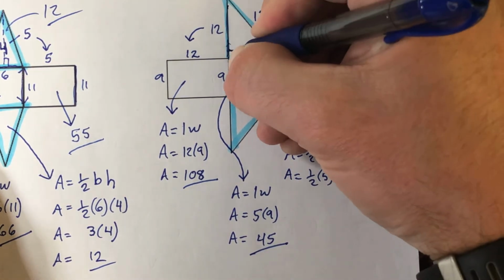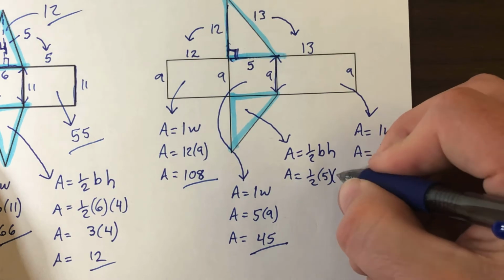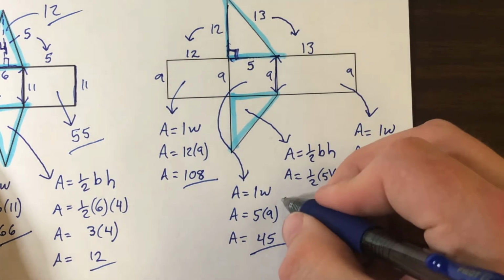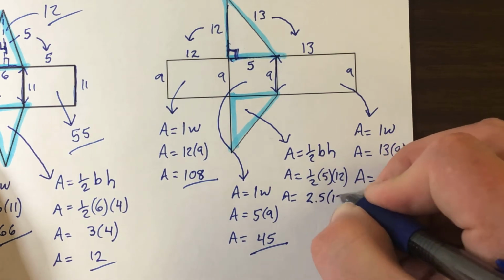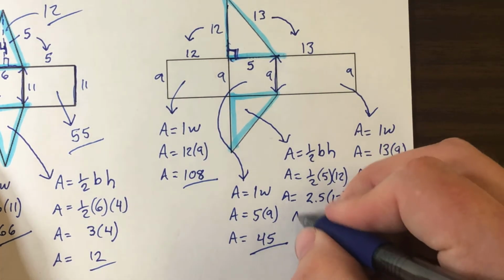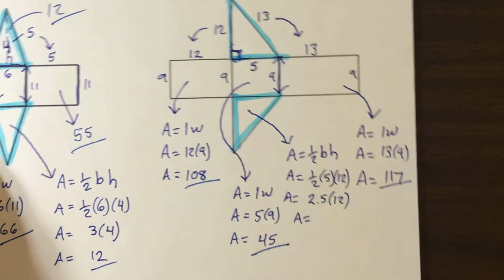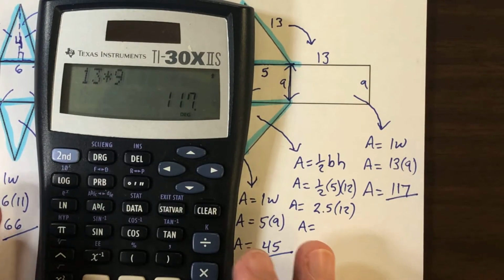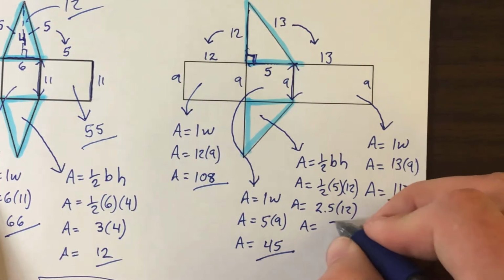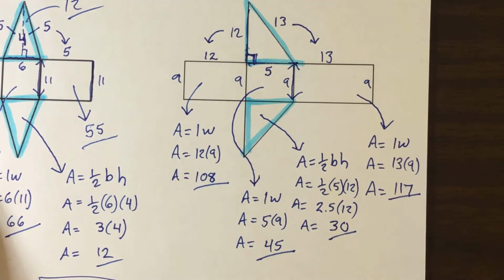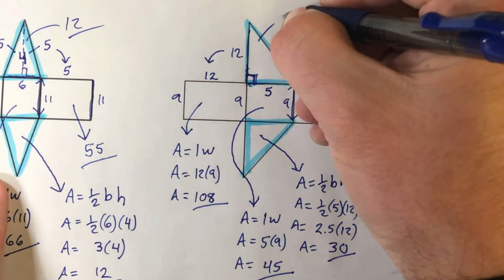Look for those right angles. So A equals half of 5 is 2.5. And I still need to multiply by 12. So area equals 2.5 times 12. I really don't need a calculator for that, but whatever. 30. Okay, and the other triangle is going to be 30 as well.